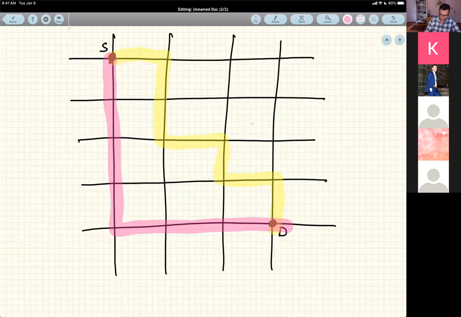And the pink path is 1, 2, 3, 4, 5, 6, 7 edges also. So they both have the same length, the same distance as far as number of edges. GPS is actually interesting because the edges are not all equal. The edges are weighted. We're going to talk about weighted edges later on.